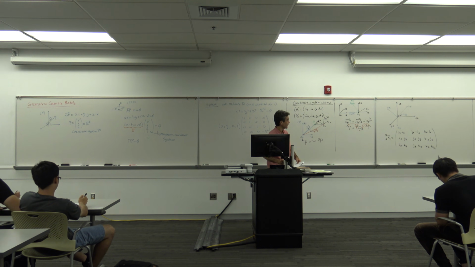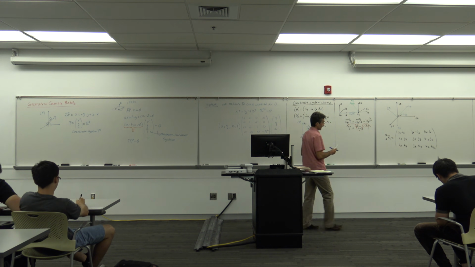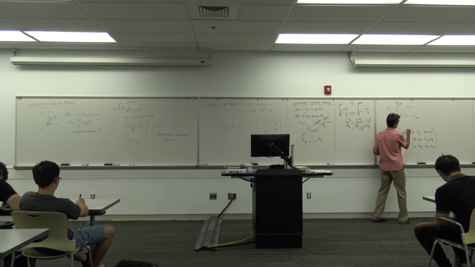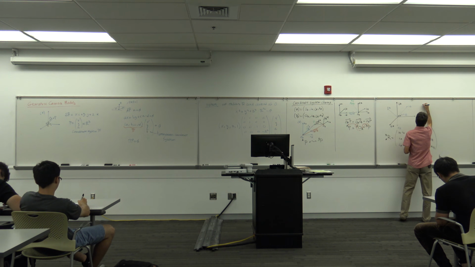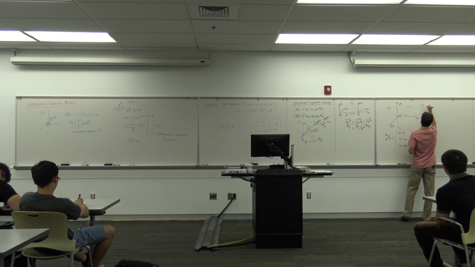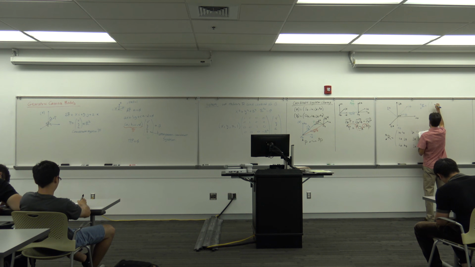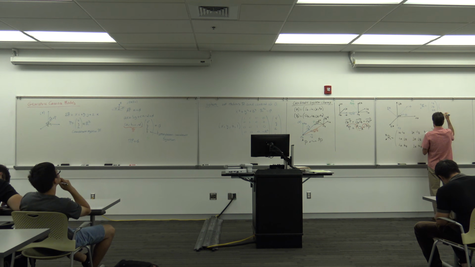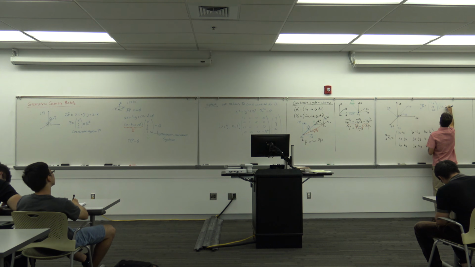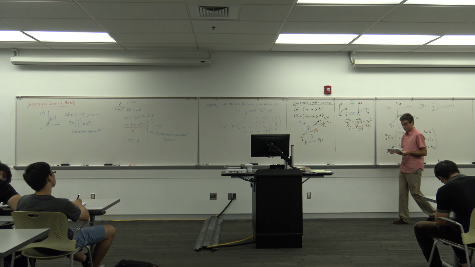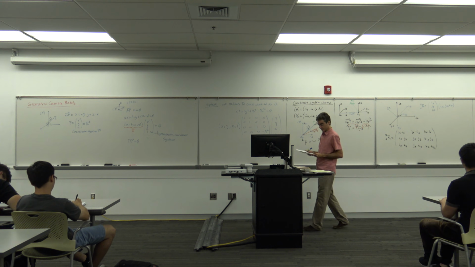So if you prefer, you could write this instead. It's the same thing, but you can write this as the rotation from A to B as the projection of IB, JB, KB onto IA, JA, KA. Both forms are the same.